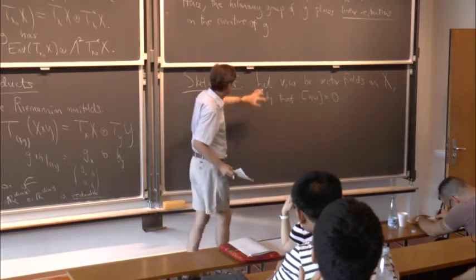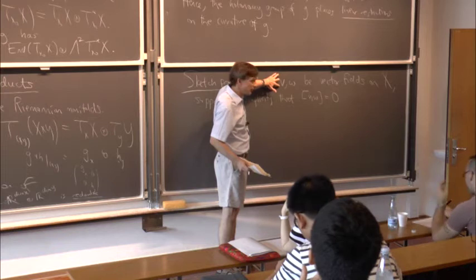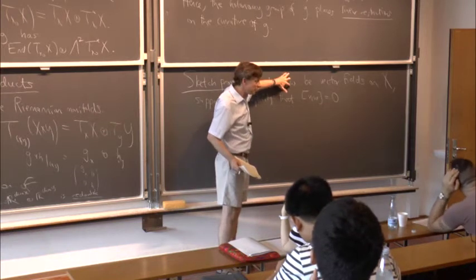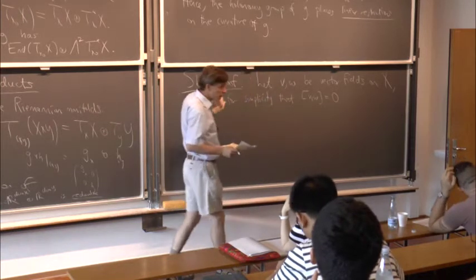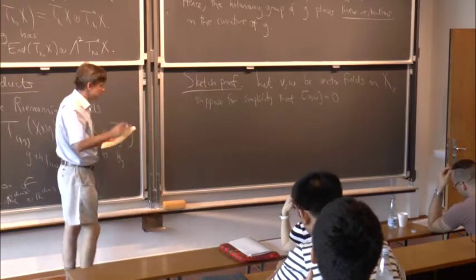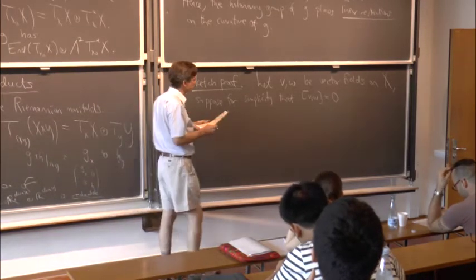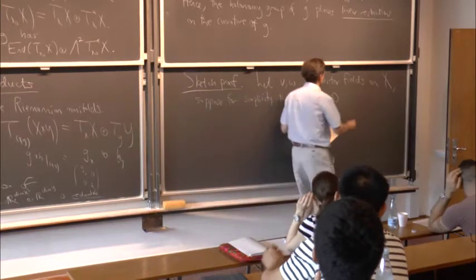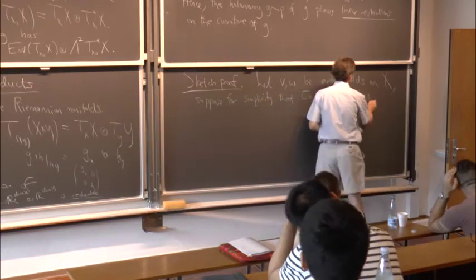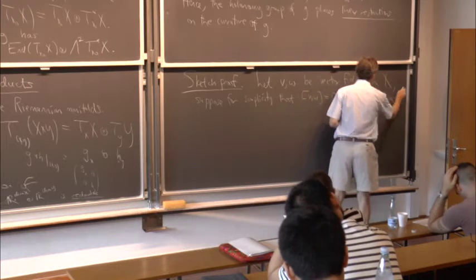So, for example, these could be the vector fields d by dxi, d by dxj, or coordinate derivatives in some coordinate directions for local coordinates on your manifold. And let's take epsilon greater than 0 to be small.